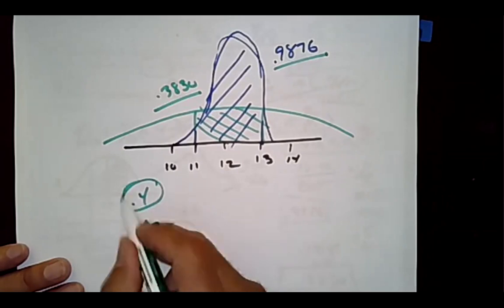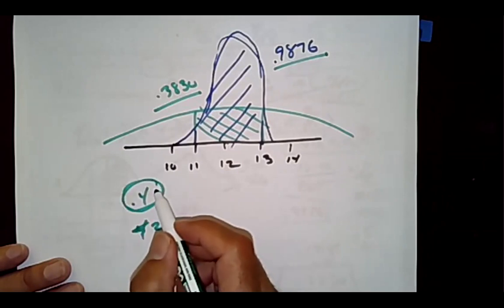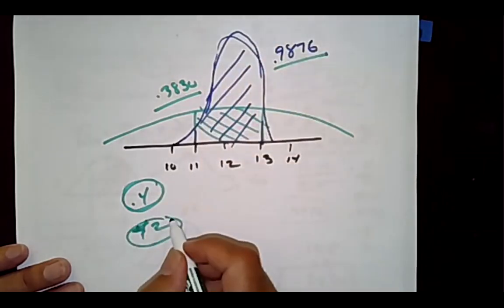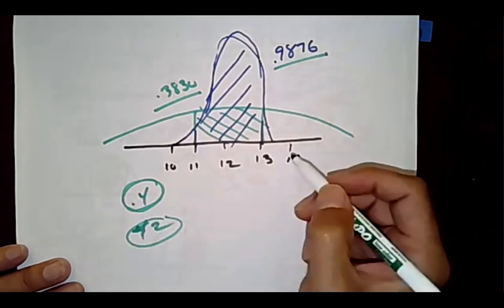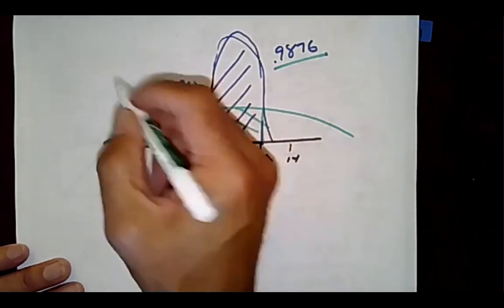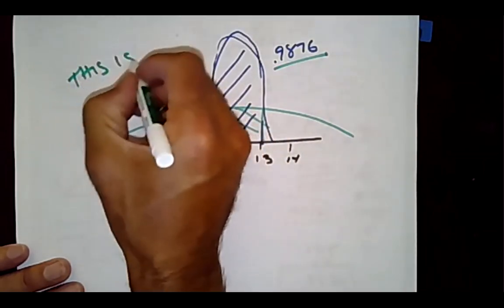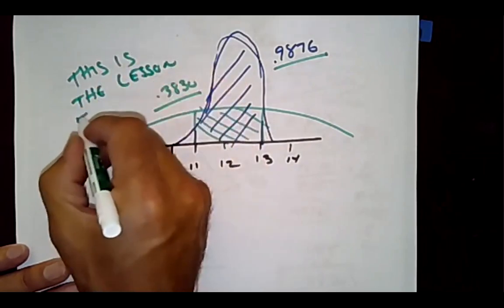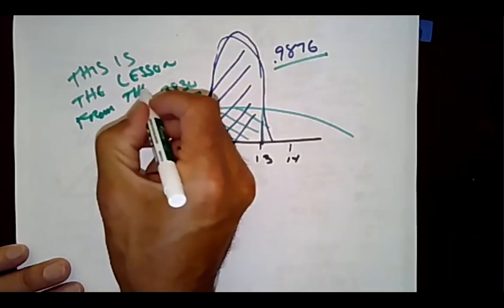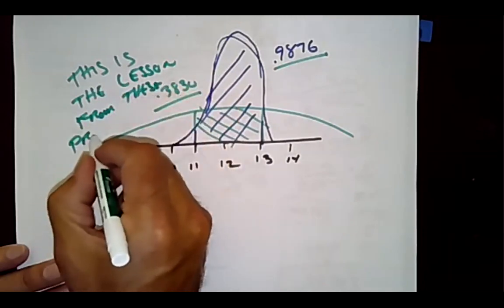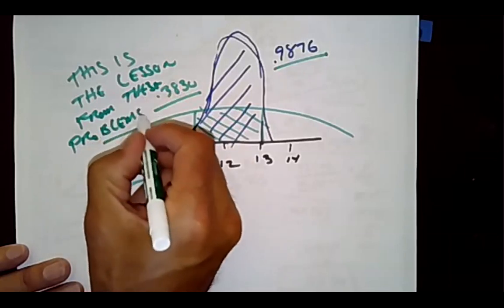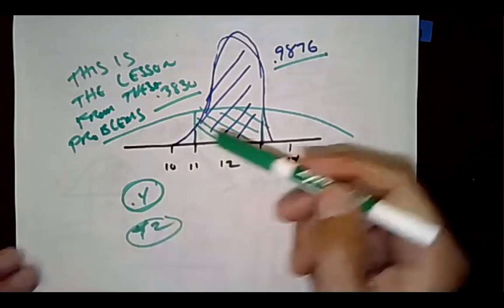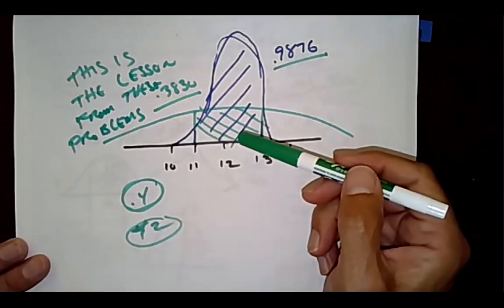Remember, the smaller the standard error, the taller and thinner the graph. Now that it's 2, clearly it's squatter and wider. This is the lesson from these problems, is to understand how it affects the curve. Make sense?